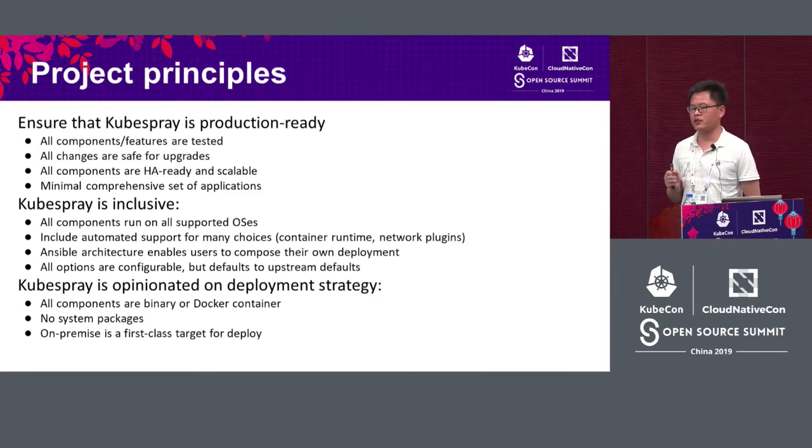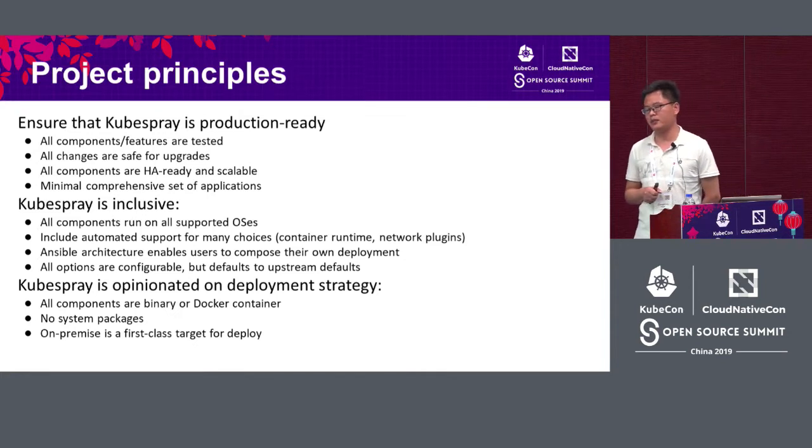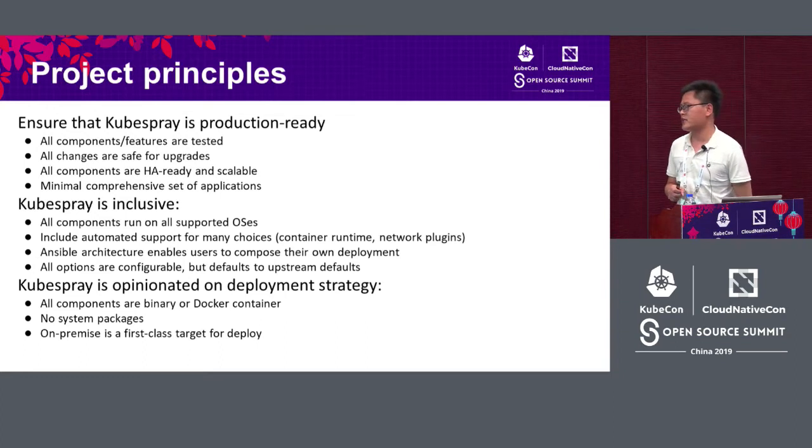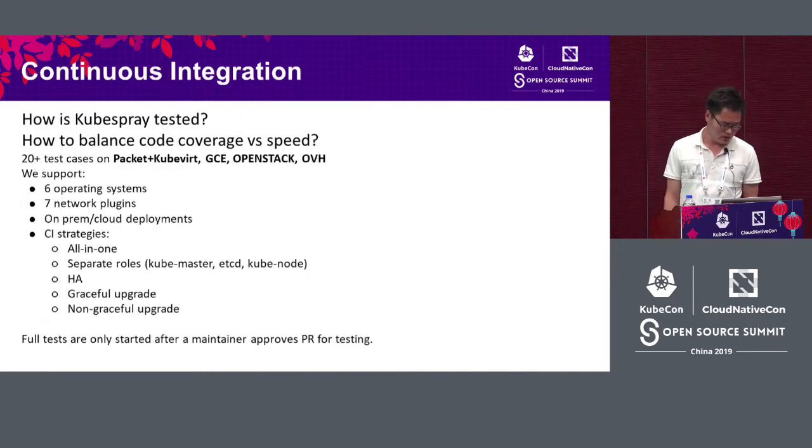For example, it only supports binary or container deployment instead of RPM package or deb package. Otherwise, it will become too complicated or not transparent enough. And on-premise is the first-class choice for deployment.